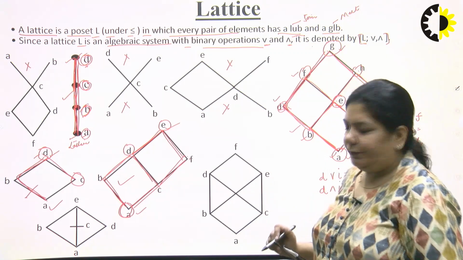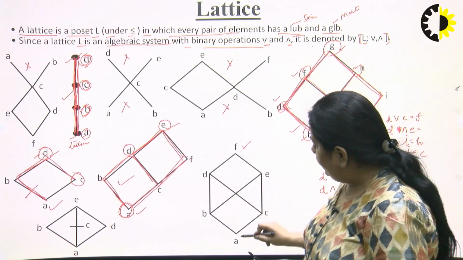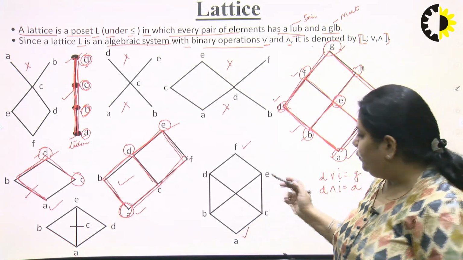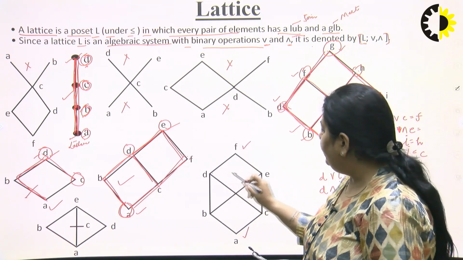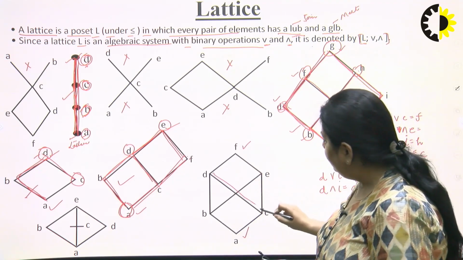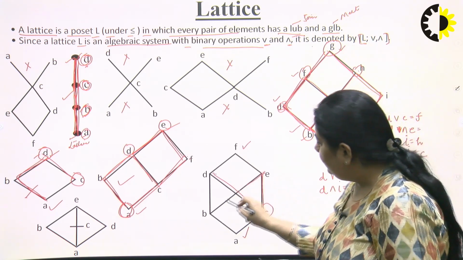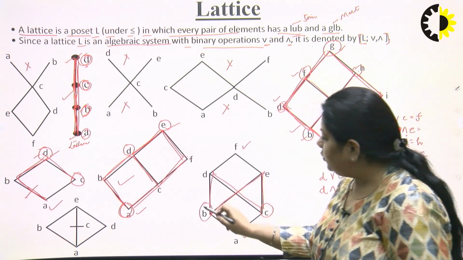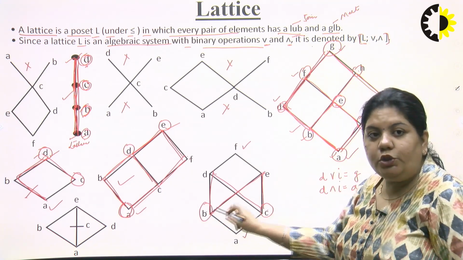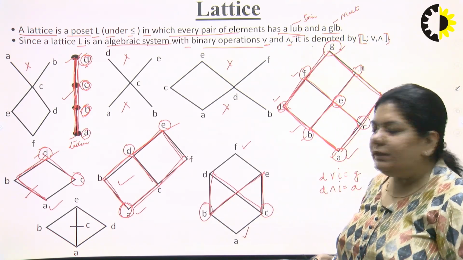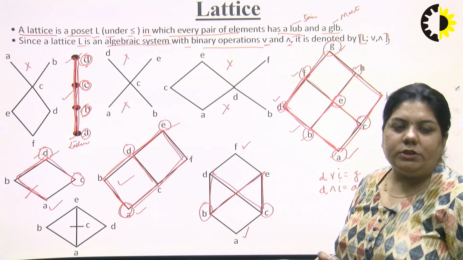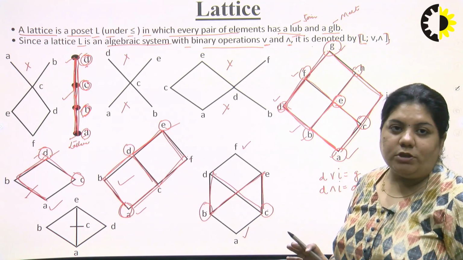Now, see this figure. Single top, single bottom. Yes. Now, search for each and every element. For D and E, see. For D and E, B. So, here we are getting two elements as their greatest lower bound. That can't be possible.